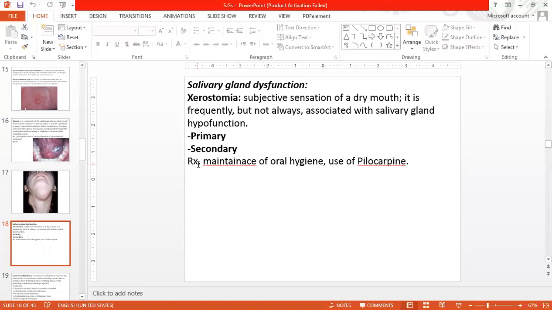The primary one is a hypofunction of the salivary gland, like, for example, Sjogren's syndrome, or it may be secondary due to a disease or some drugs, like anticholinergic drugs, that cause dryness of the mouth, like for example pilocarpine.